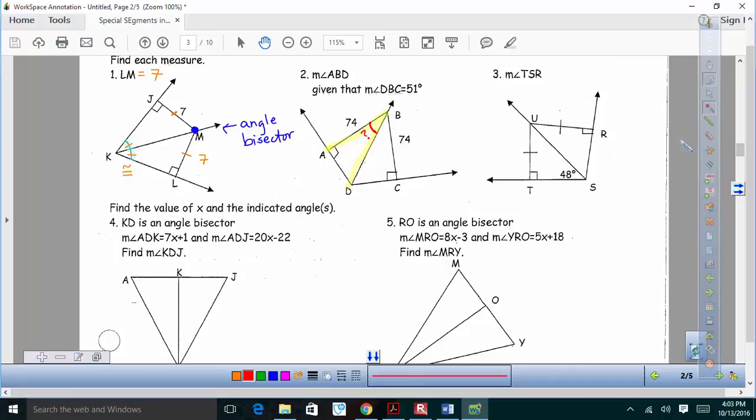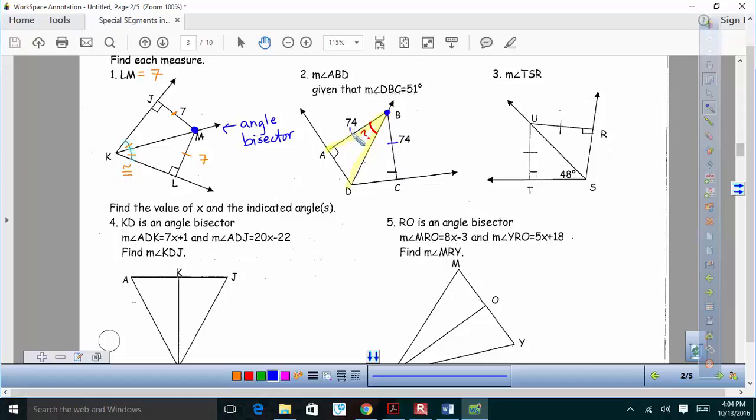Now, looking at my angle ADC, it doesn't tell me that these angles are congruent, but it does show me that from this point to this side is 74, and this point to this side is 74.